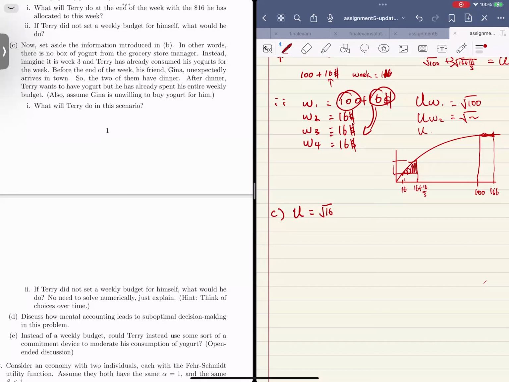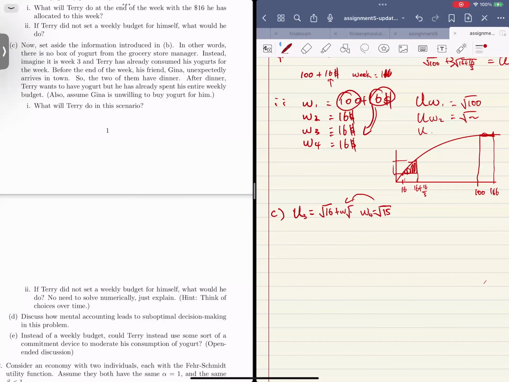Because whatever you have in the future is square root of 15, and let's say this is week 4. If you borrow 1 unit from week 4 into week 3, your week 3 will become square root of 16 plus some W of some utility.